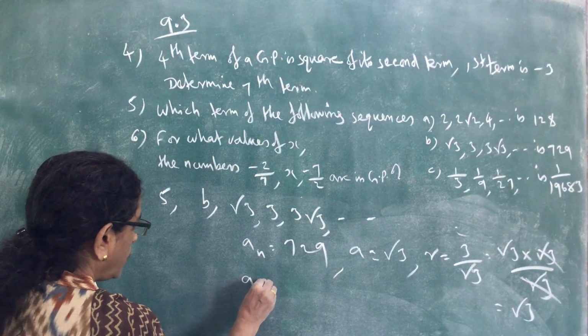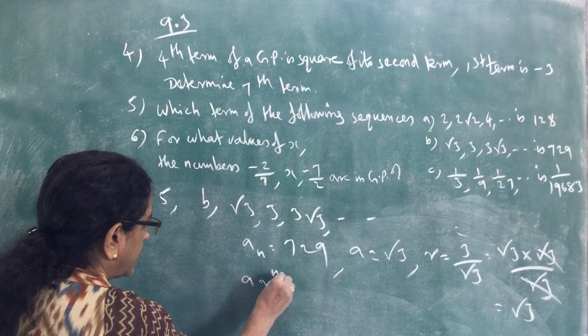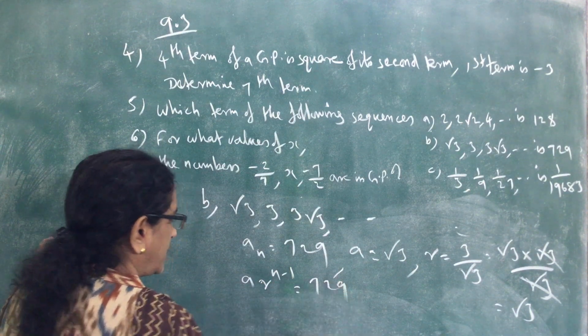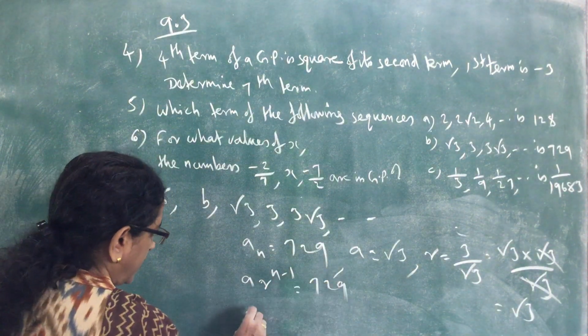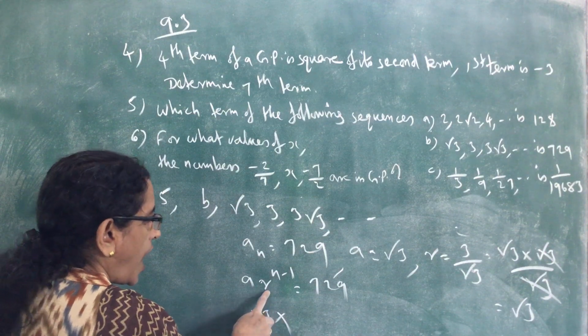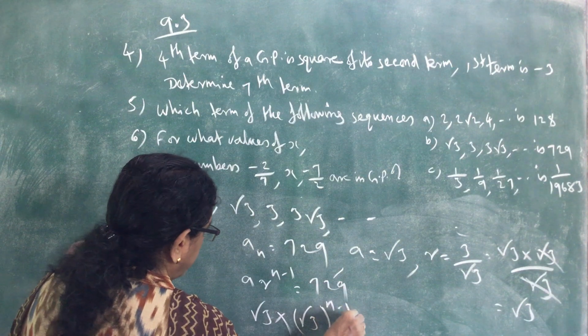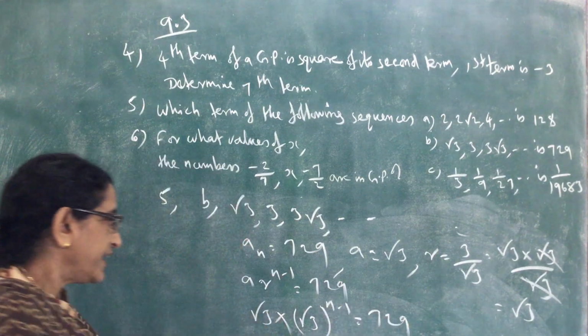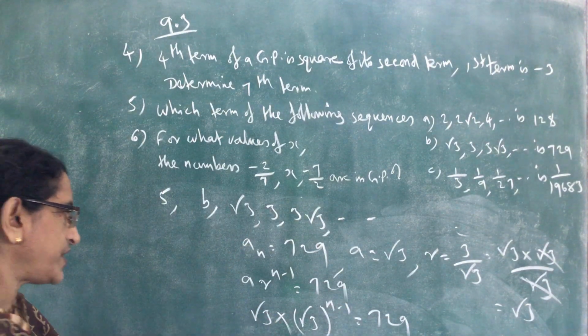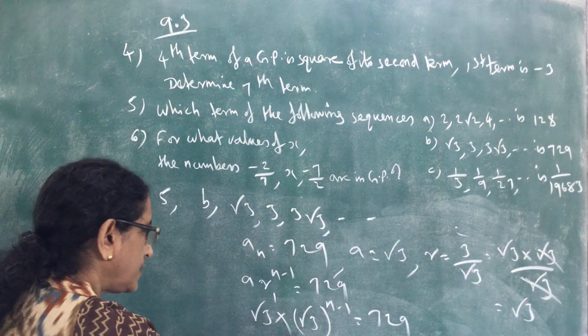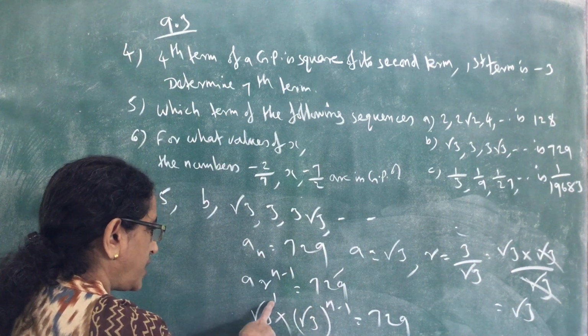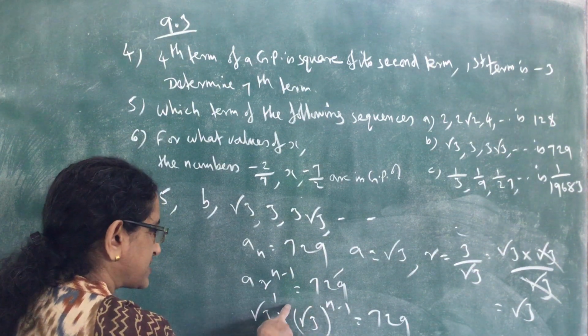So a into r raised to n minus 1 equal to 729. Substitute a is root 3, r again root 3. Root 3 raised to n minus 1 equal to 729. Here itself we can simplify. Root 3 raised to 1 into root 3 raised to n minus 1. A raised to m into a raised to n is a raised to m plus n.